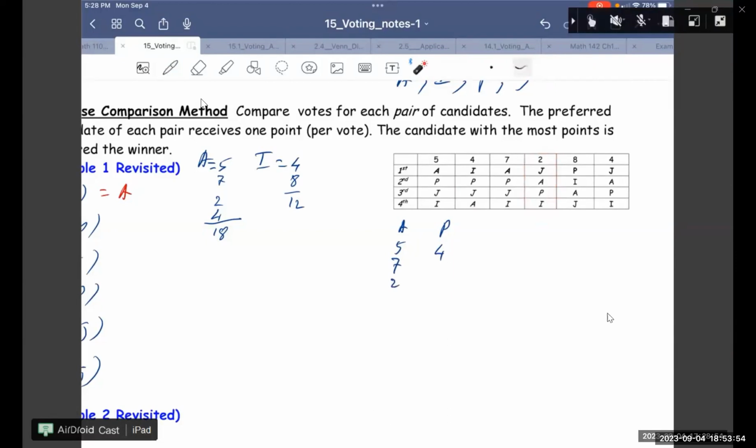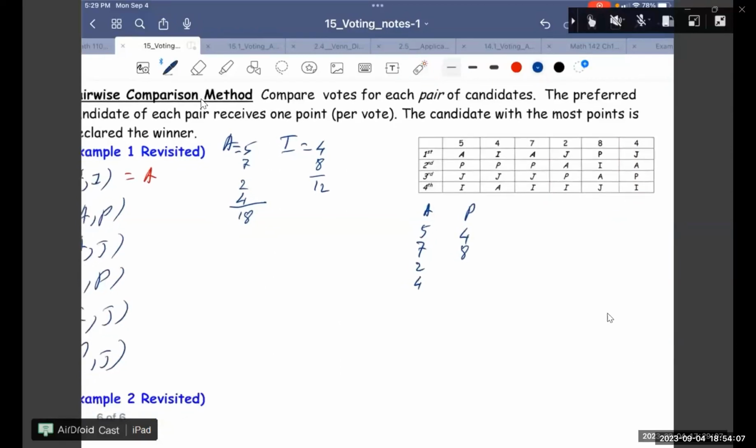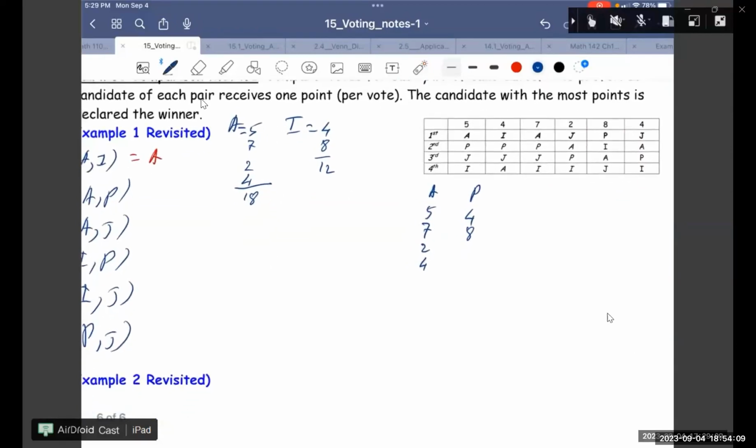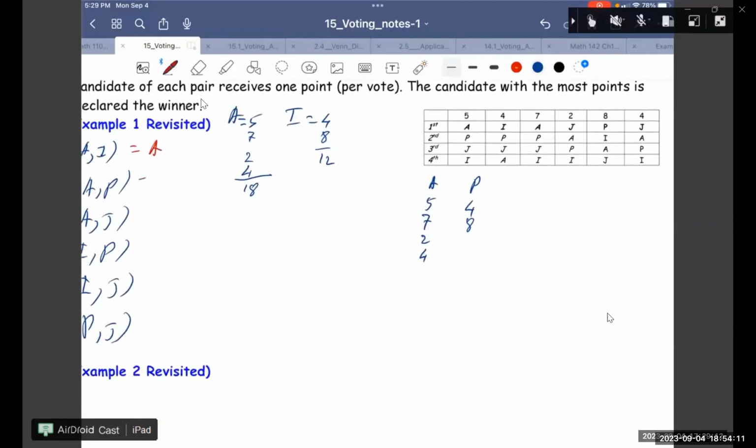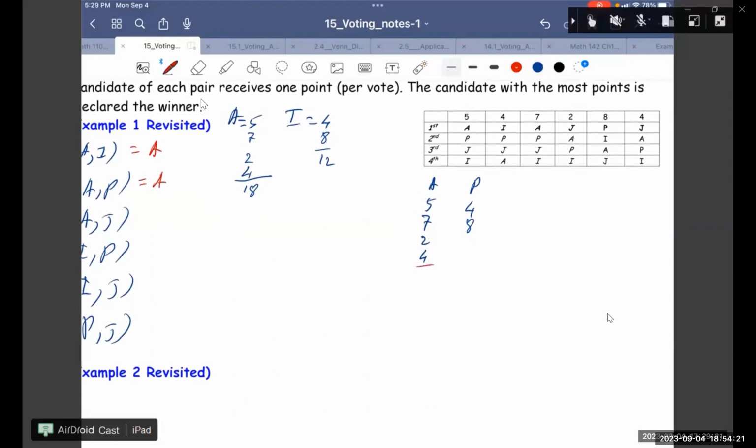And this one, P, as the 8. And this one, A, as the 4. So as we can see this, so it should be A. And this one is 15. So this one is 18, and this one is 12. So as we know, this one is A.